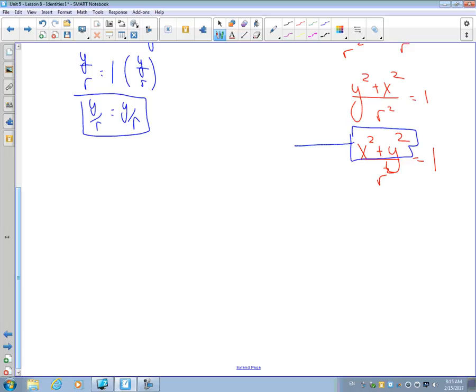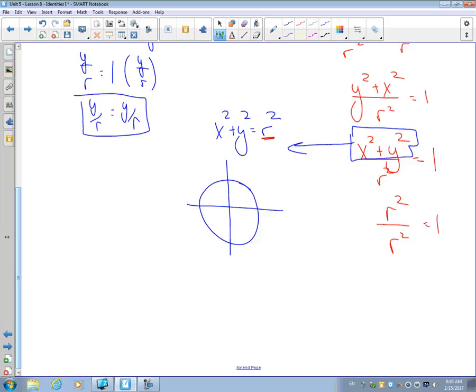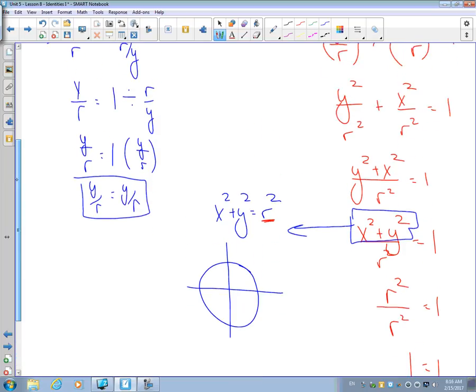Isn't that our idea of SOHCAHTOA that x squared plus y squared makes r squared, the radius of our circle? So I can actually replace x squared plus y squared with r squared. We're saying they're equal. So on the top I have r squared, on the bottom r squared. Whenever you divide something by itself, you get 1. So I've proven that sine squared plus cos squared equals 1.